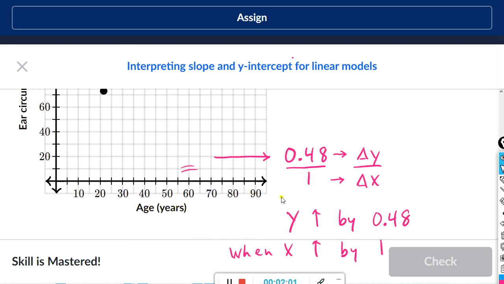So in place of y, I'm going to write ear circumference, and in place of x, I'm going to replace that with age.